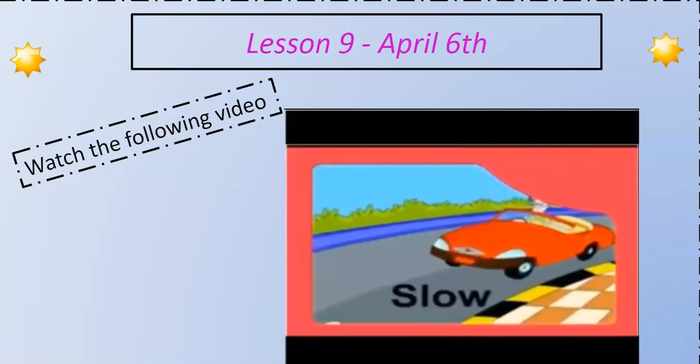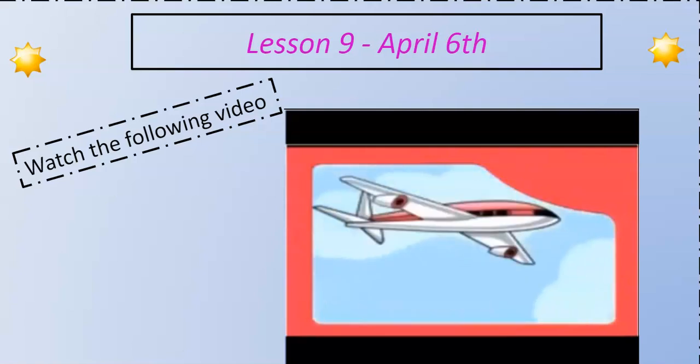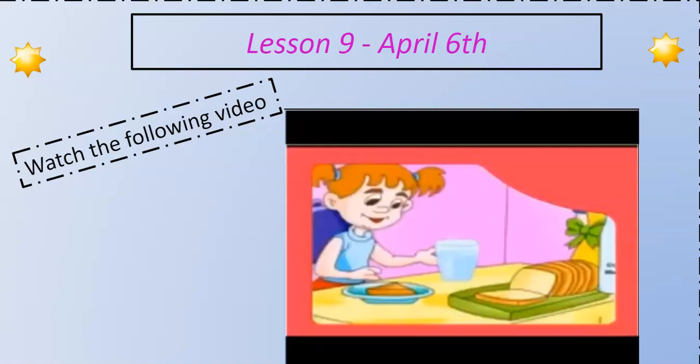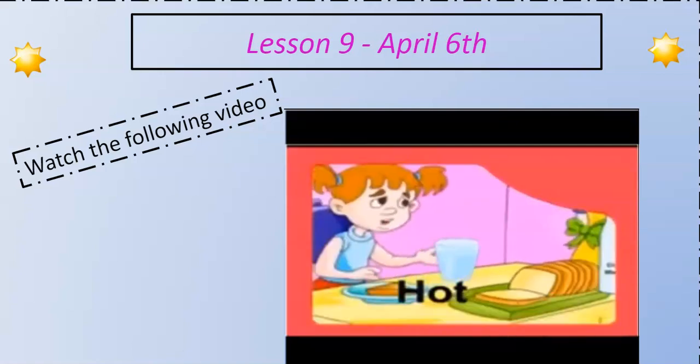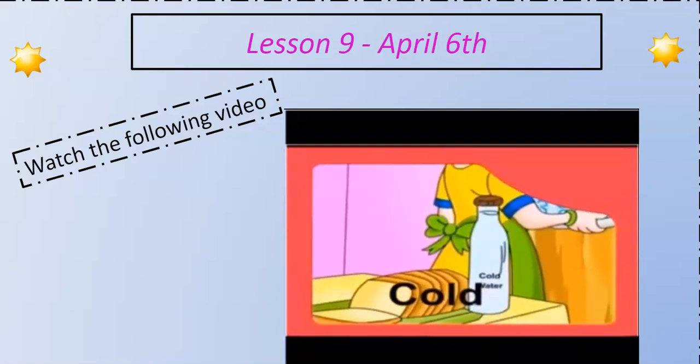Here comes a red car, and here is an airplane. If the car was slow, the airplane goes very fast. The cup is hot, and the bottle of water is cold.